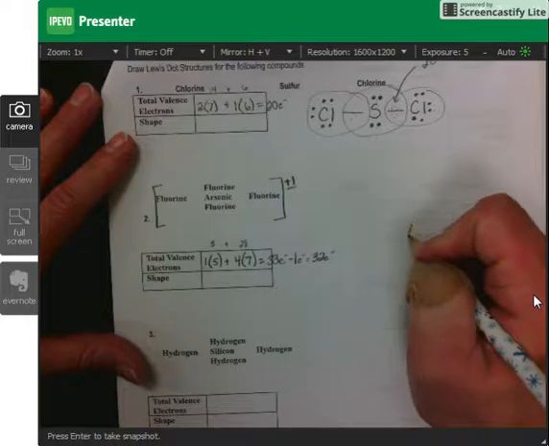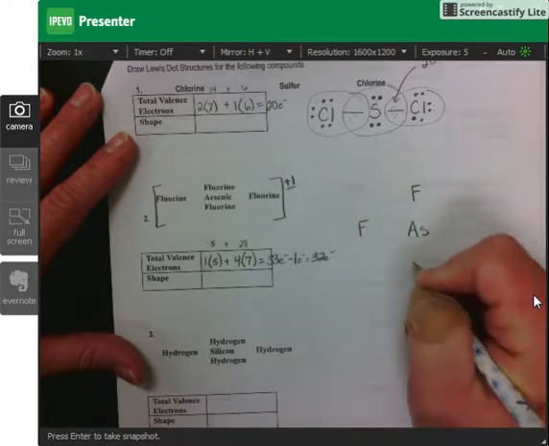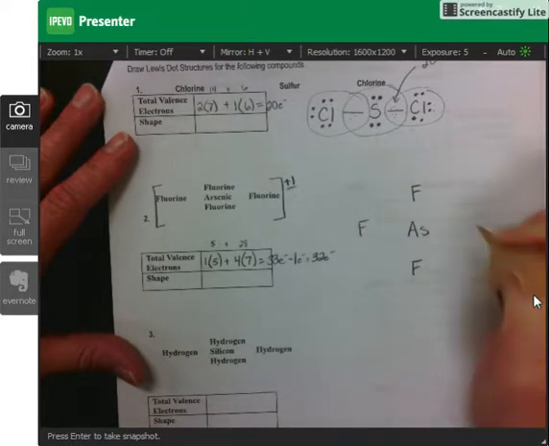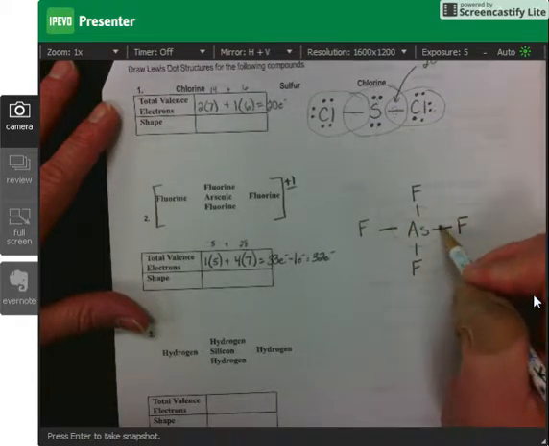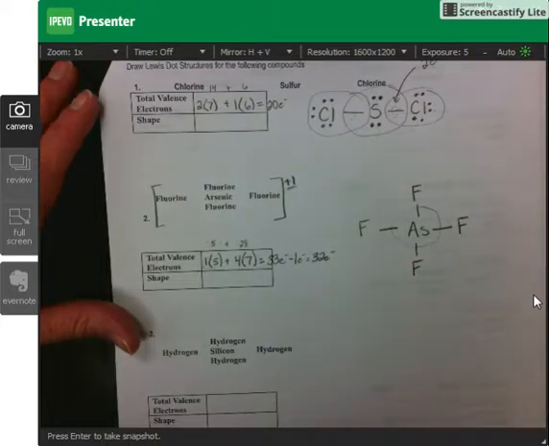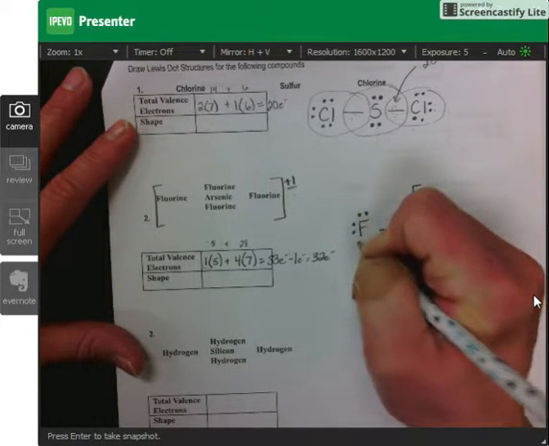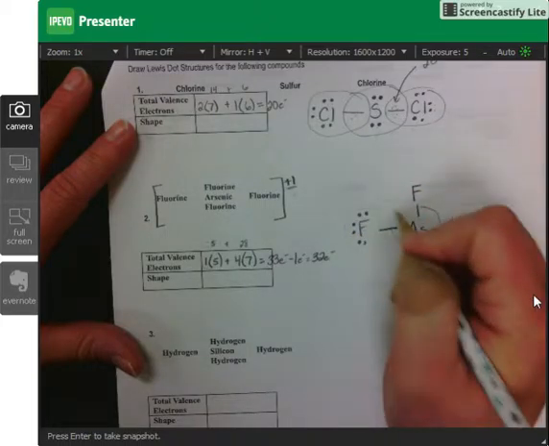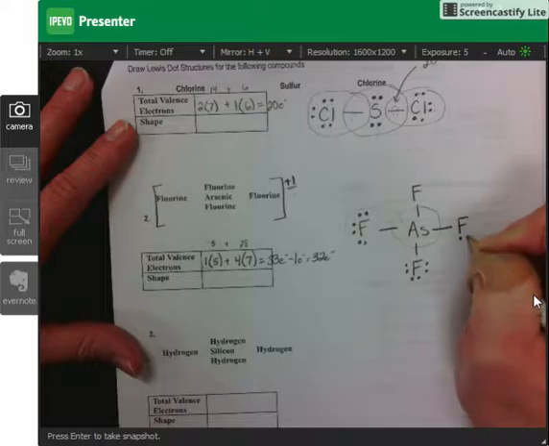So we're going to put As in the center and then my 4 fluorines surrounding it. And we're going to bond them up right away. And you will notice right away, As in the center already has 8 valence electrons around it. So now let's fill up my fluorines. He now has 8. He has 8.